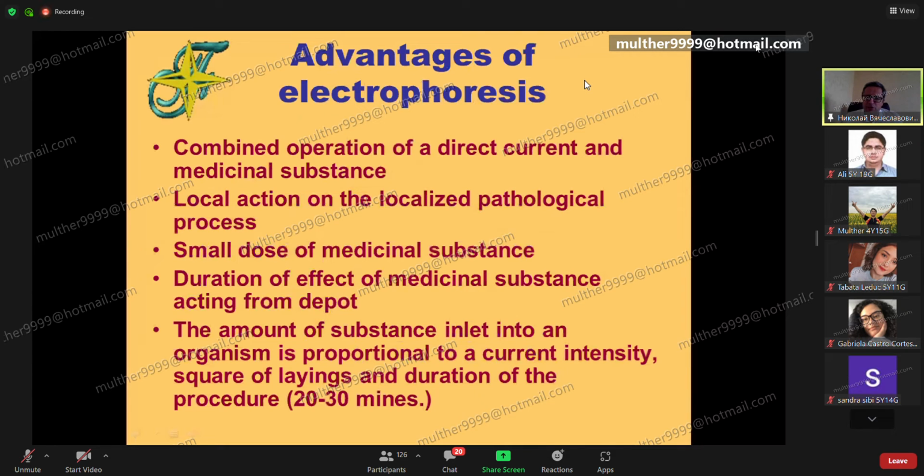Main advantages of electrophoresis in comparison with other methods of medication introduction. The combined operation of direct current and medicinal substance can help to decrease concentration of medication. Local action on the localized pathological process and small dose of medicinal substance, which can help to avoid allergic effect.